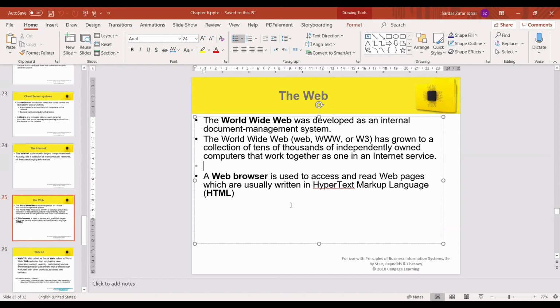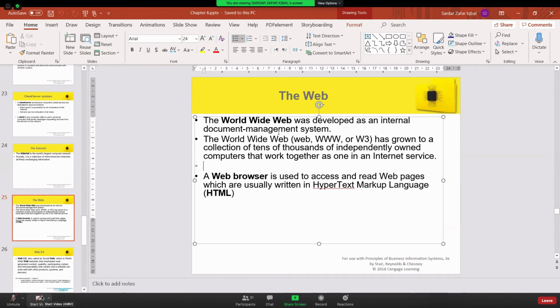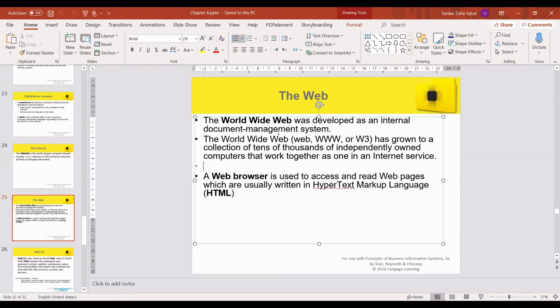A web browser is used to access and read web pages, which are usually written in HTML. Do you know what a web browser is? Can you name some web browsers? Google Chrome. Yes. Some others? Firefox. Yes. More?